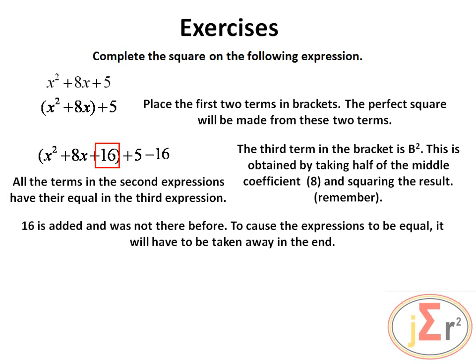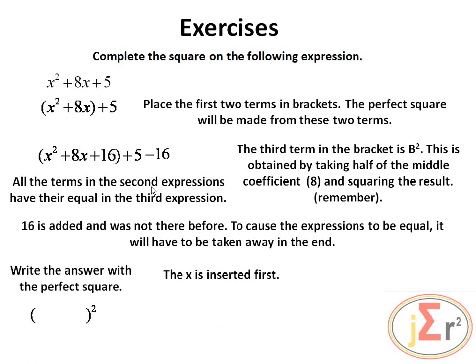So let us do that now. We subtract 16 there, while the expression that we have in the bracket is a perfect square. So let us write the answer with the perfect square. What happens? The x is inserted first.